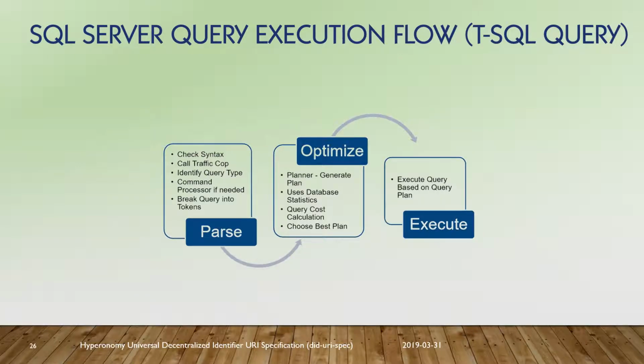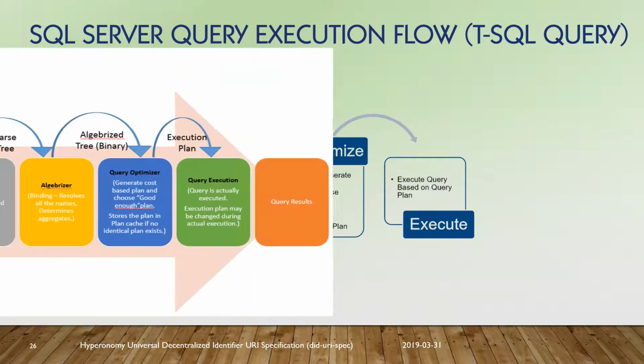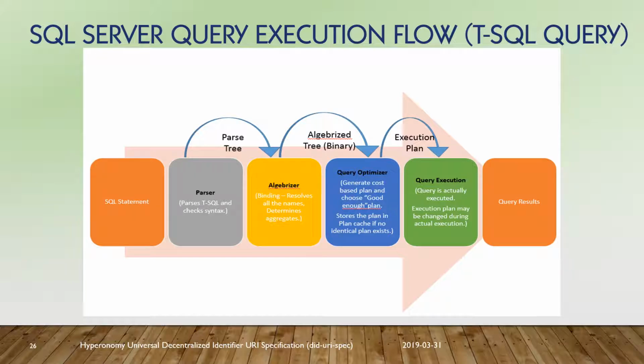This is just some more slides talking about that parse, optimize, execute processing stage. That previous one might have been a NoSQL. This is another way that Microsoft describes the SQL Server processes of parse, algebraicize, query optimizer, query execution, again to pursue a result.